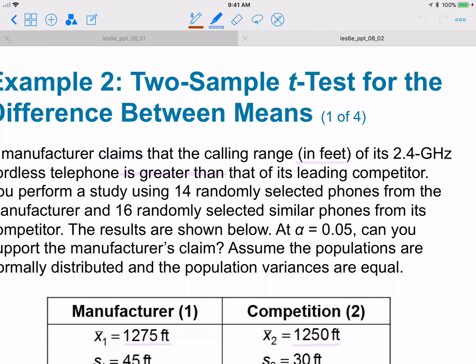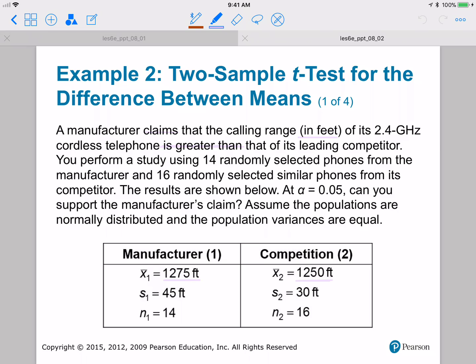And let's check about our samples. Are our samples independent? Okay, you perform a study using 14 randomly selected phones from the manufacturer and 14 randomly selected similar phones from its competitor. Okay, so the assumption is that our samples are going to be independent because the competitor and the manufacturer, they're not creating the same phone.